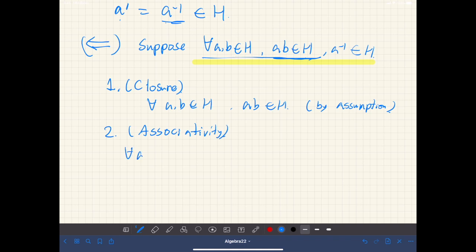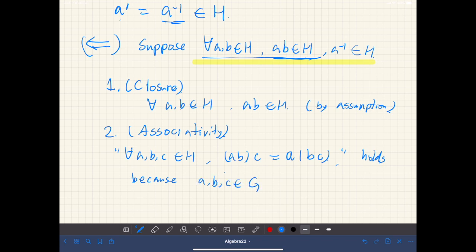That is, for all A, B, C in H, we have A times BC equal to AB times C. This holds because A, B, C are also elements of G, and G is a group, so the associativity holds. So this is fine.